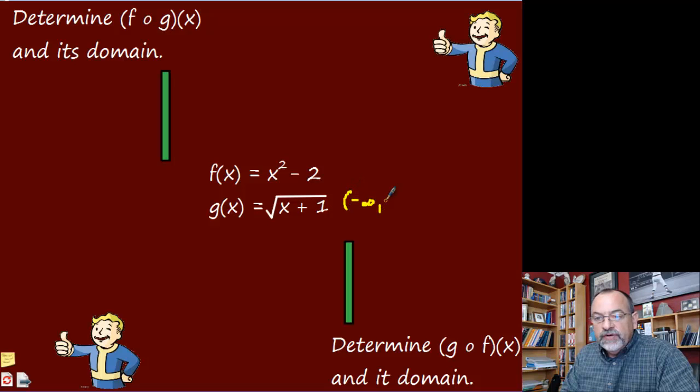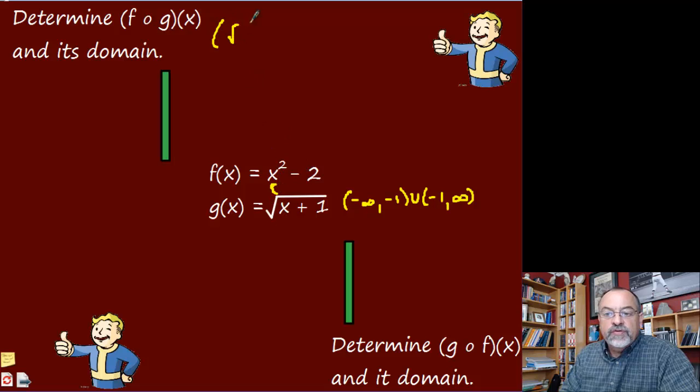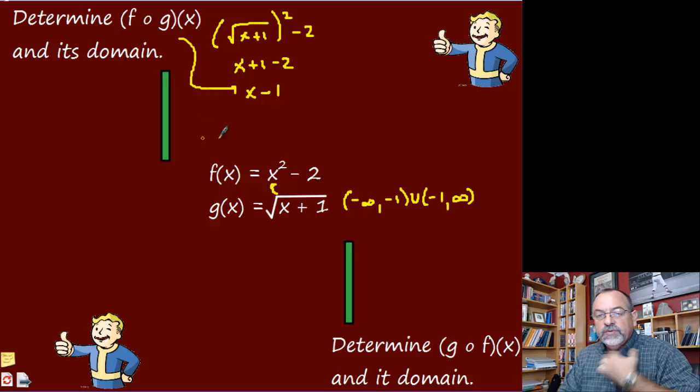So I can do anything up to negative 1, and then anything on the other side of negative 1 as well. Then we're going to put the g function into the f function. So this is going to be the square root of x plus 1, squared, minus 2. So that's going to be x plus 1 minus 2. So this is going to be my new function, f composed with g of x, is x minus 1.